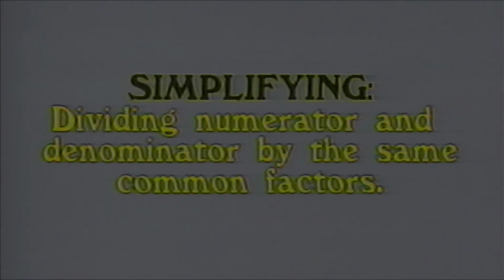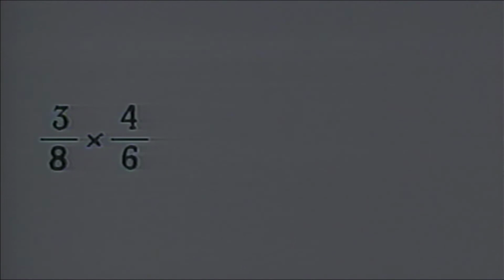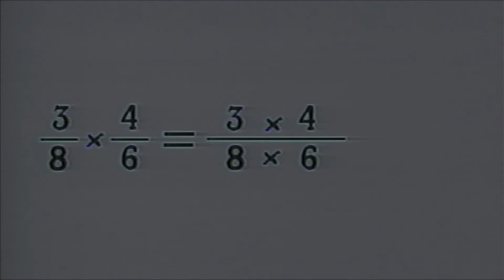For example, suppose we want to multiply 3/8 by 4/6. This equals 3 times 4 over 8 times 6. We simplify by dividing numerator and denominator by common factors.